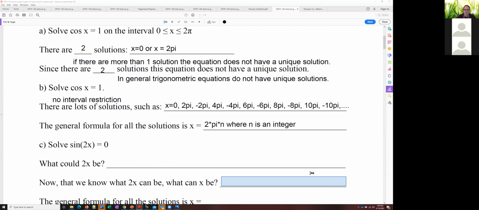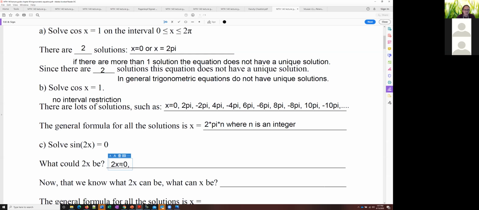Okay, so now we're going to take a look at part C. Part C says we're going to solve the equation sine of 2x equals 0. So I'm going to think, well, what could the angle be? So sine of what equals 0? So 2x could be, I know the sine of 0 is 0, so 2x could be 0.